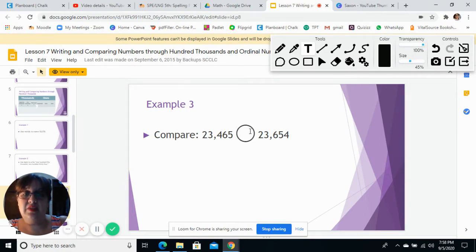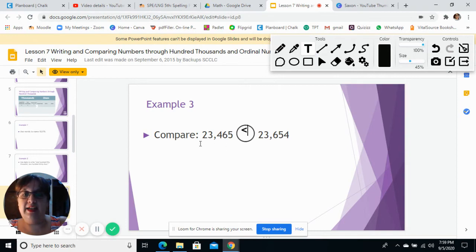It's the 6, right? So we want to make sure that our sign is going the right direction. We always want the mouth of the alligator shape to be eating the bigger number. Okay, that's how I like to remember. So we want the big wide open spot facing our bigger number, and 23,654 is our bigger number.